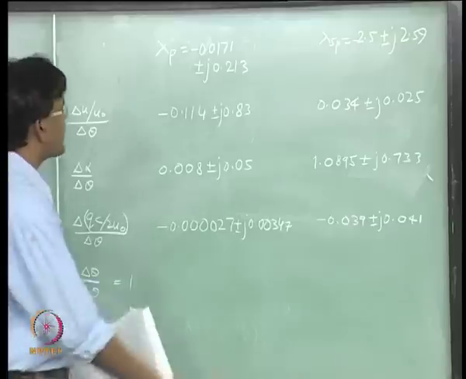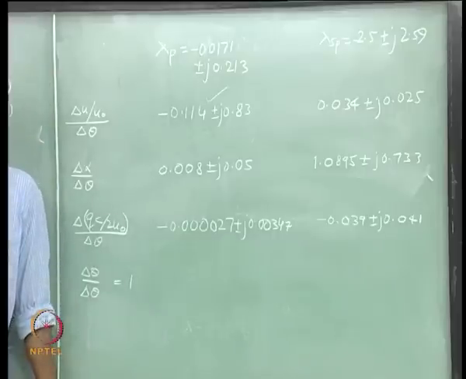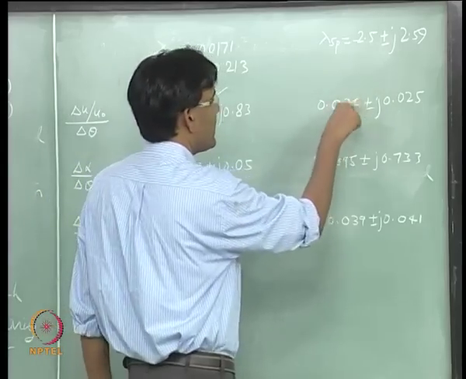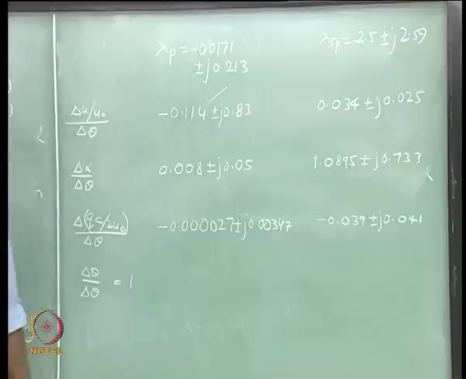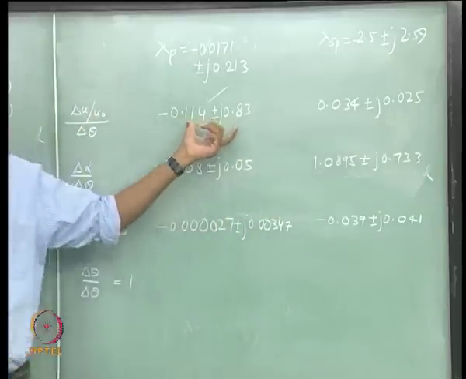So, this was a correct assumption that you can keep the delta u as a variable for the phugoid mode and probably neglect that delta u in the short period mode, because this magnitude is very low as compared to this magnitude.